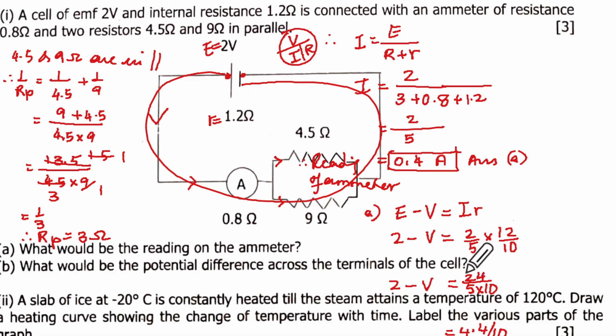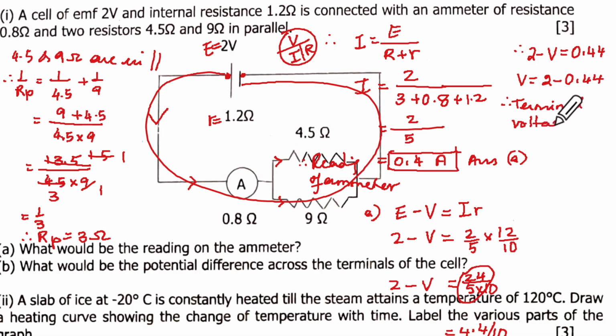This is 4.4 upon 10, okay, which is going to give you 2 minus V is equal to 0.44. So V goes that side, so V will be equal to 2 minus 0.44. Okay, therefore terminal voltage equal to V, which is equal to, subtract from here 1.54.